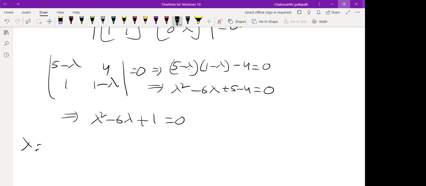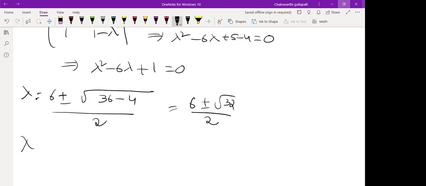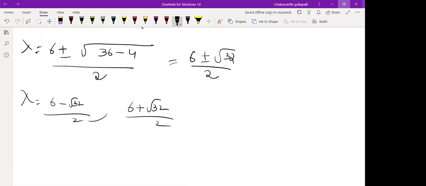So lambda is equal to minus b plus or minus root of b square minus 4ac by 2a. So what are the eigenvalues? The eigenvalues are different. Therefore, diagonalizable.